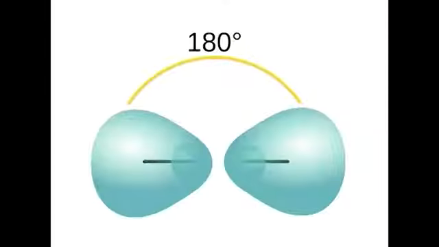The shape of sp hybrid orbital is identical to that of sp2 hybrid orbitals, but they orient at 180 degrees to each other. The axes of the 2py and 2pz orbitals orient at right angles to each other.